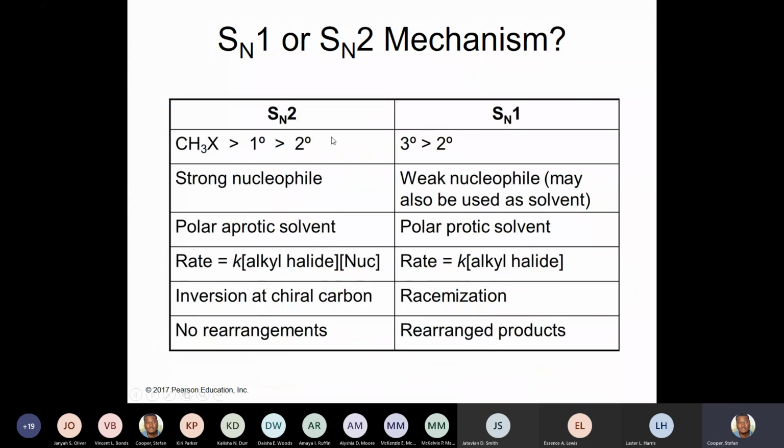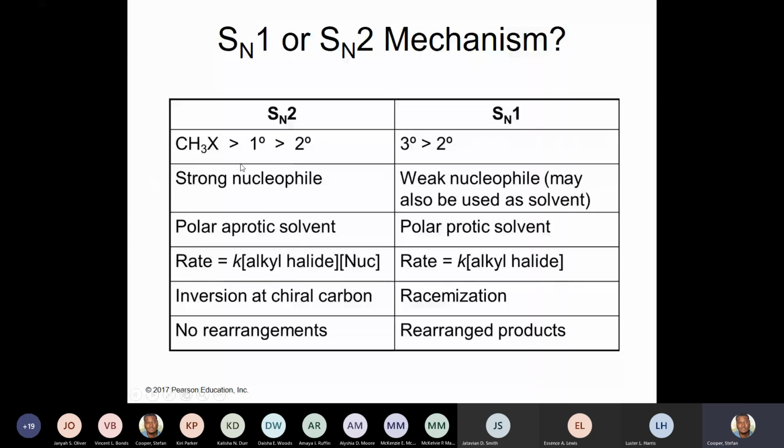All right, so this is like the ending slide before we get into some problems today. SN2 prefers things that are least substituted: methyl, primary, secondary alkyl halides, while SN1 prefers tertiary and secondary alkyl halides. So that's a good clue for determining which mechanism type with the alkyl halide.